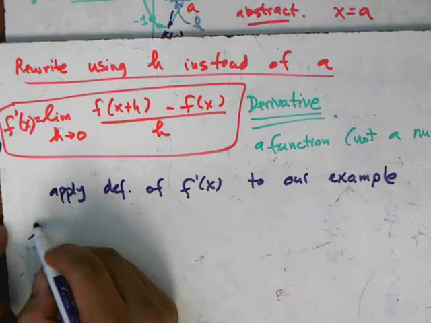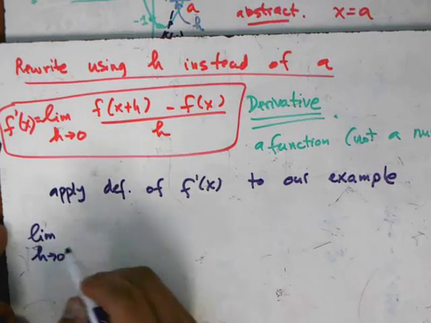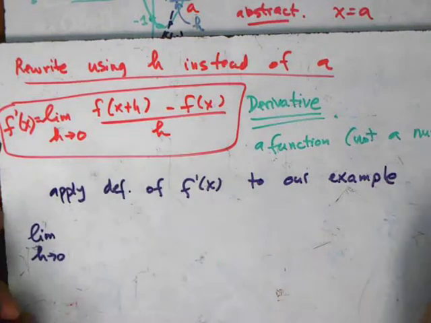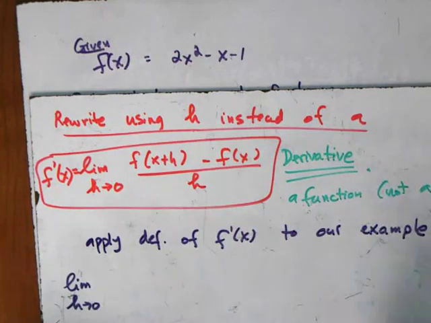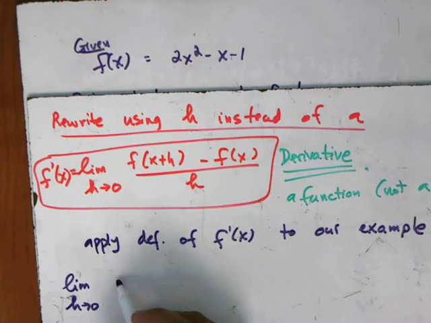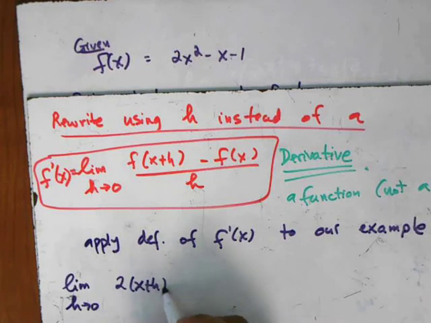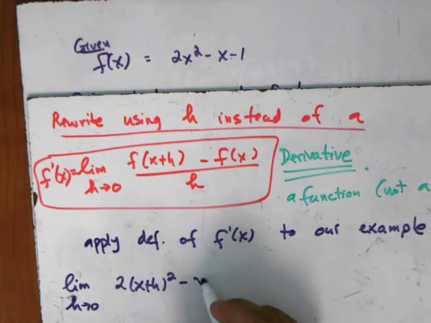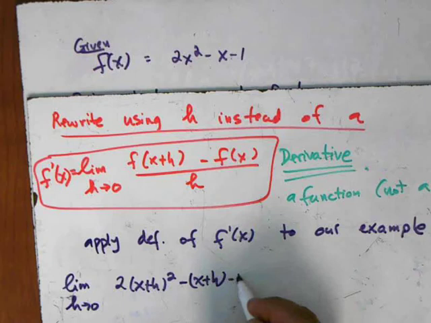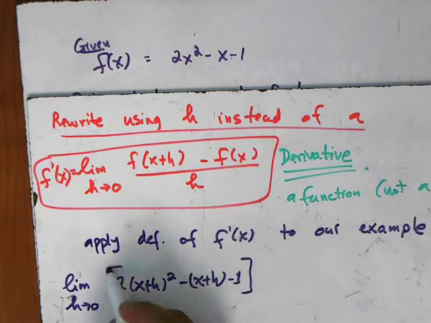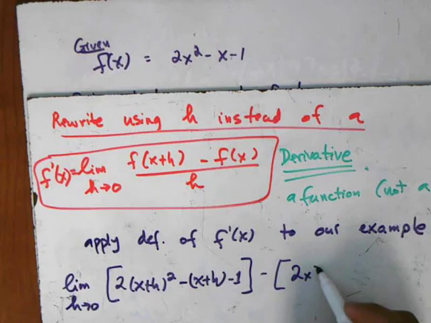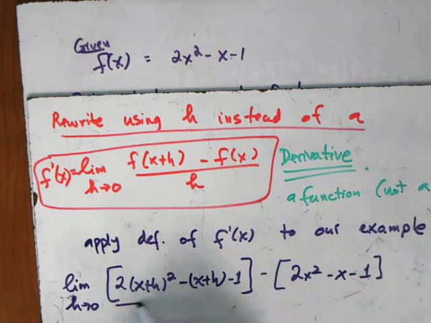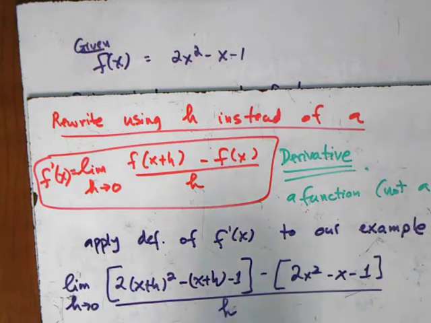So I take the limit as h approaches 0 of f of x plus h, but don't forget that f of x is just 2x squared minus x minus 1, so this is 2 times x plus h squared minus x plus h quantity minus 1 minus f of x, so minus 2x squared minus x minus 1, all of it over h.